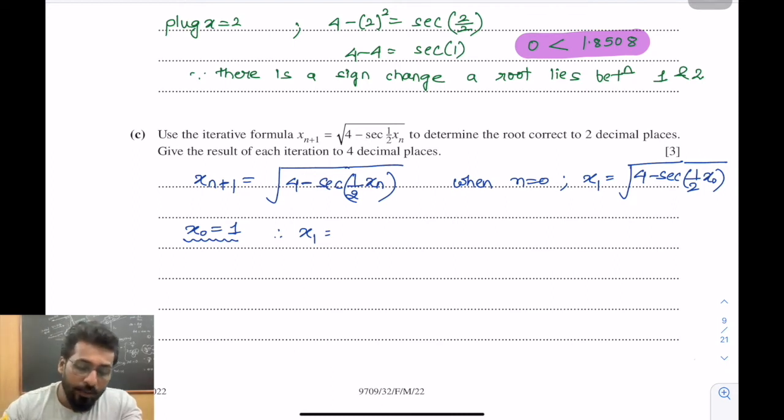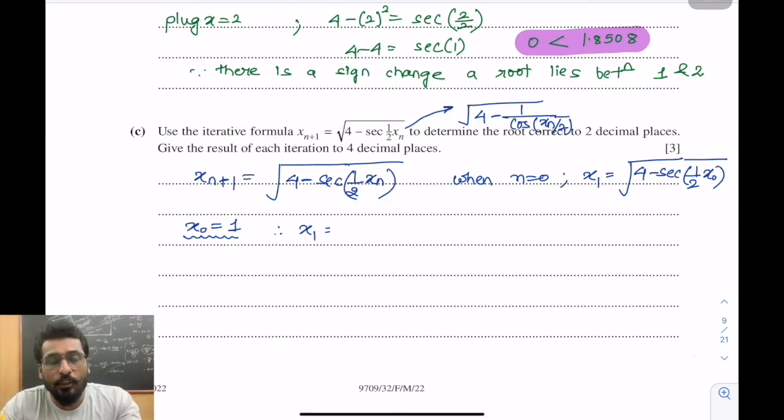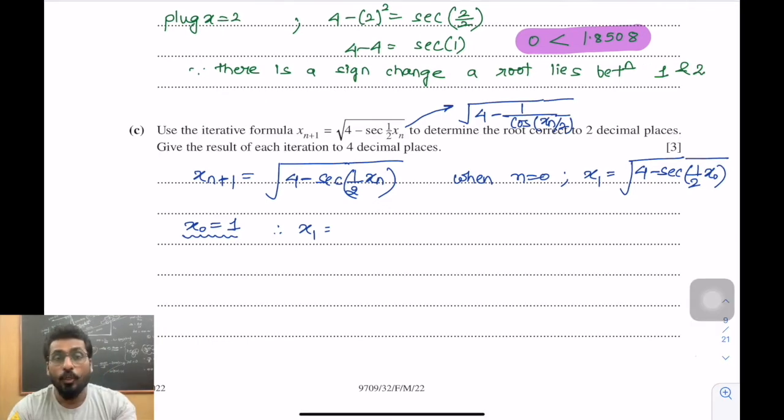So is it okay to write this particular expression as under root of 4 minus 1 over cos of xn upon 2, right? Half of xn, so that's xn upon 2. The first thing you should do is press the square root sign. You can see I have pressed the square root sign. You want to form the expression 4 minus 1 over cos of xn upon 2.